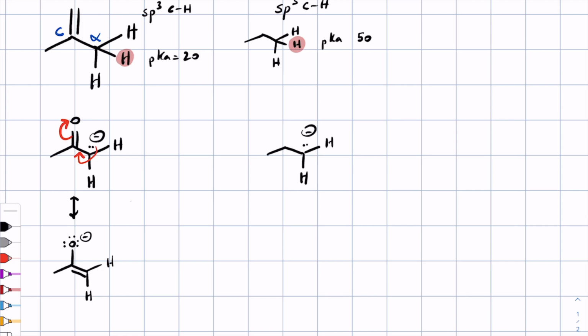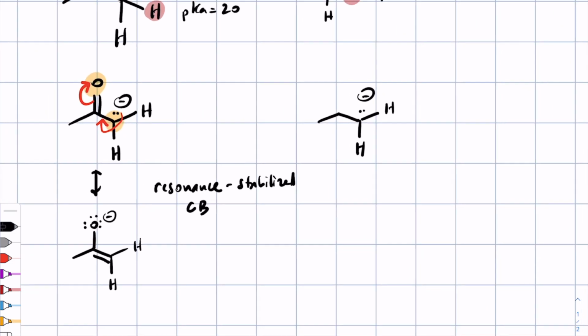So you've got a resonance stabilized conjugate base. And not just any resonance stabilized conjugate base, but one in which the electrons can be both simultaneously on carbon and oxygen, which is electronegative.